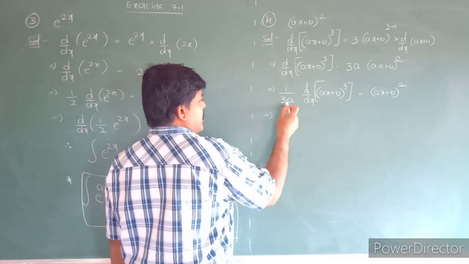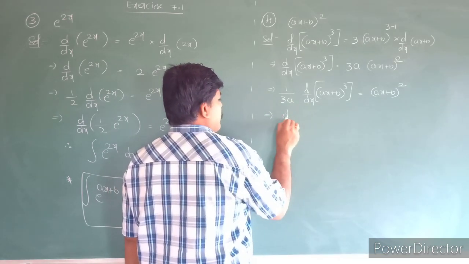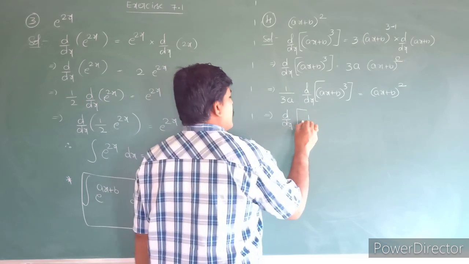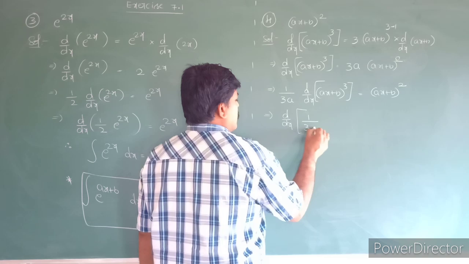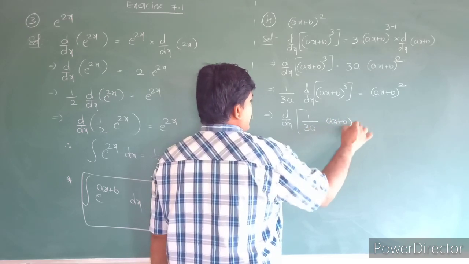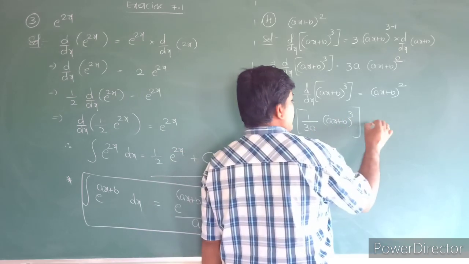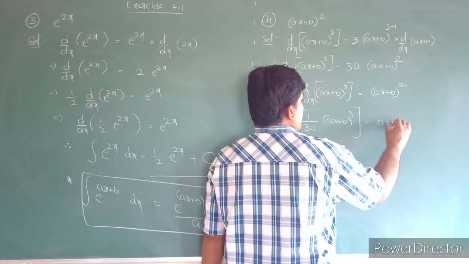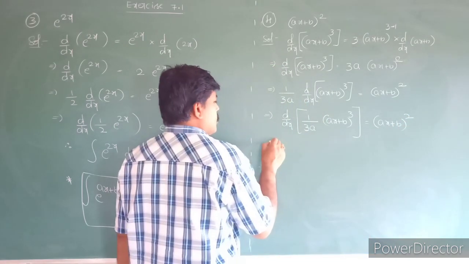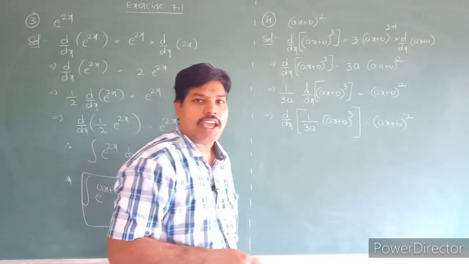That implies, take this 1 by 3a inside: the derivative of 1 by 3a into (ax plus b) whole cube is (ax plus b) whole square. So the derivative of this function is (ax plus b) whole square.